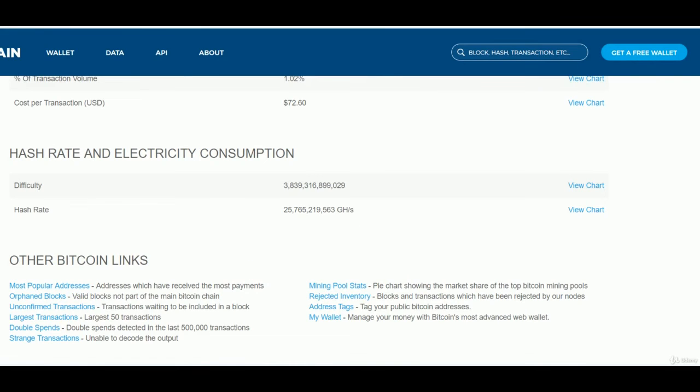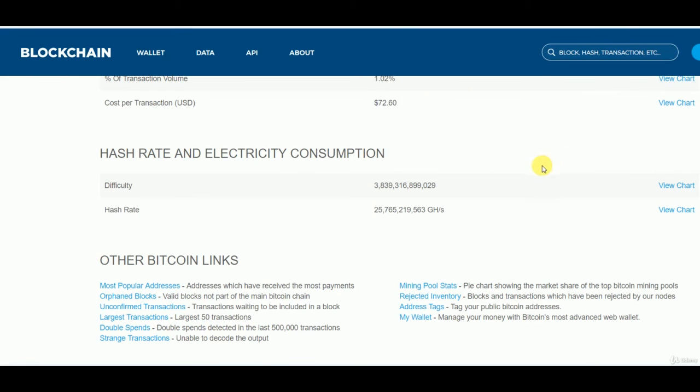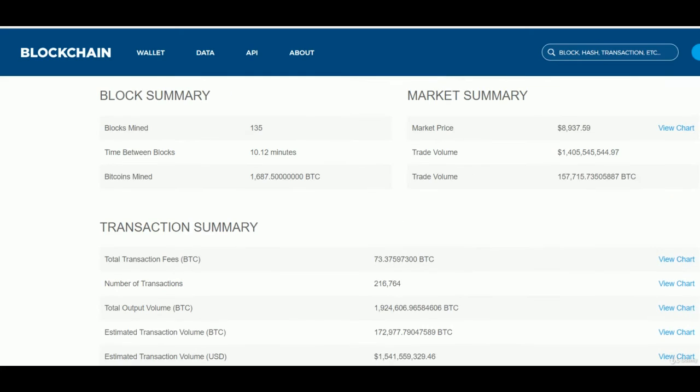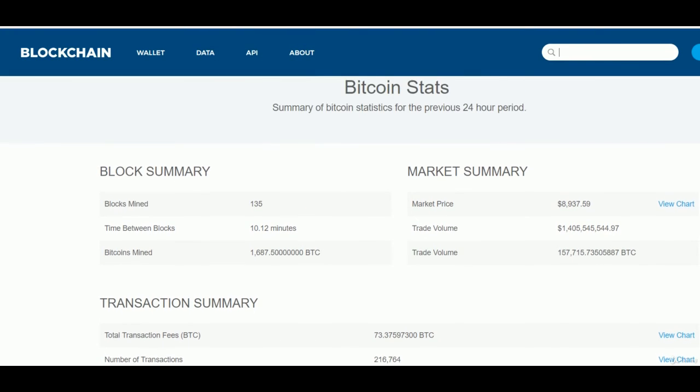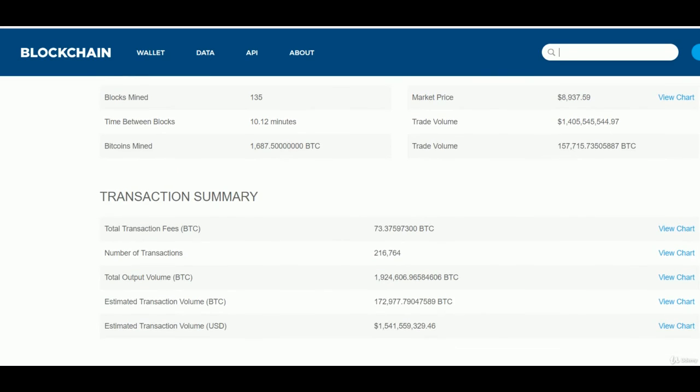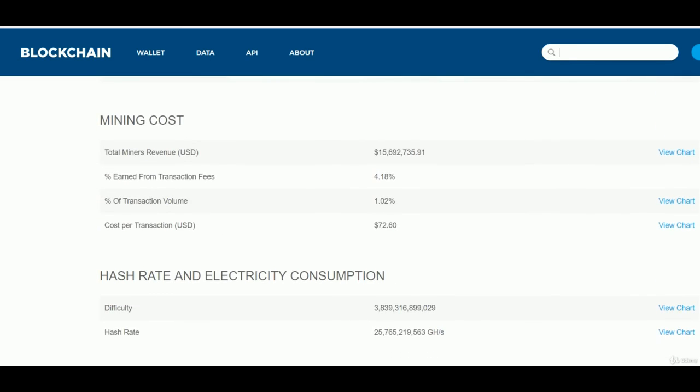So this is how the Blockchain Info website will look. Here, this will give you the summary of the transactions. Okay, Bitcoin status and all. This will tell you about your transaction status.